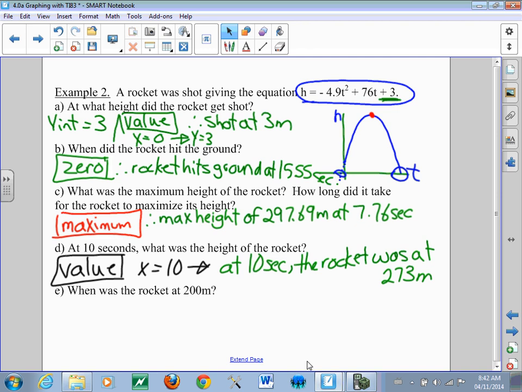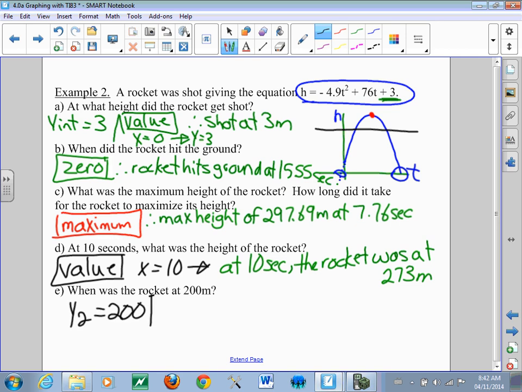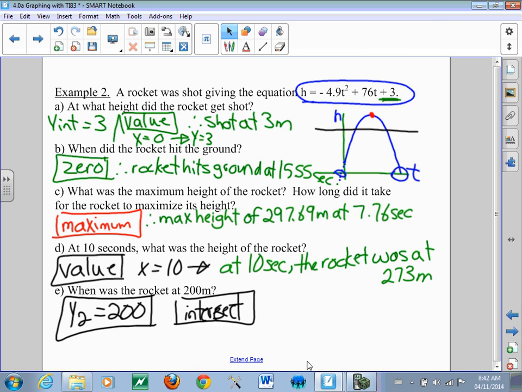Okay, when was the rocket at 200 meters? So again, we are going to put in a horizontal line at 200 and determine the points of intersection. So we're going to go y2 equals 200. Okay, I'm going to press the intersect button. So let's just do those two at once.